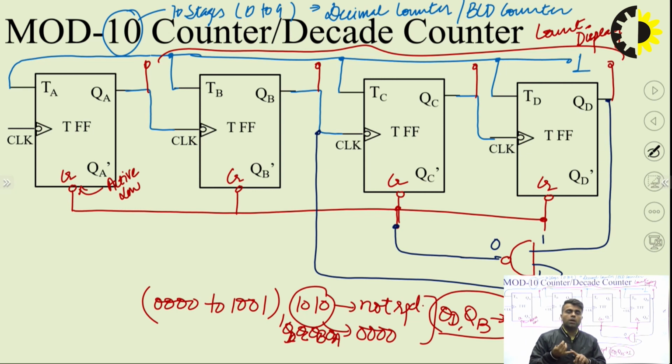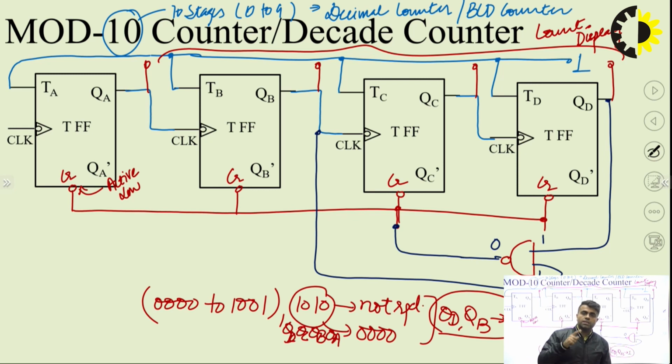So for 0, 1, 2, 3, 4, 5, 6, 7, 8, 9, if you write the counting from 0 to 9, you can check that QD and QB are not simultaneously 1. So if they are not simultaneously 1, then the NAND output cannot be 0. If at least a single 0 is there, the NAND output will be 1, and this 1 will disable all clear inputs as long as my counter is counting from 0 to 9.